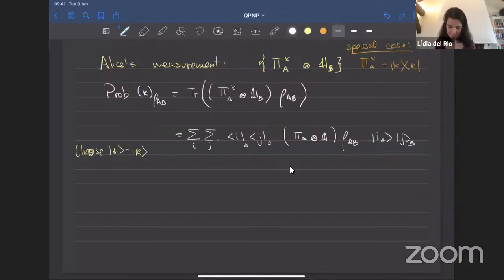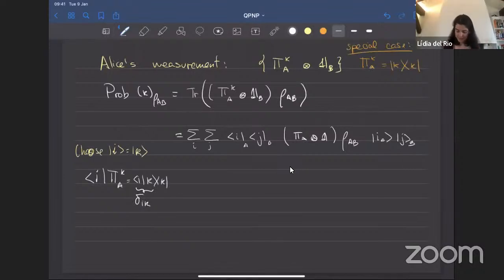Which means that, in particular, if you have i pi k, this is i k k, and now because they are in the same basis, this is just delta ik, right?